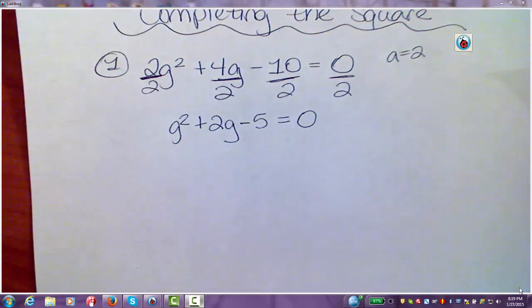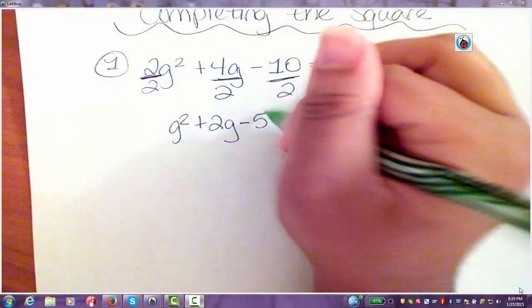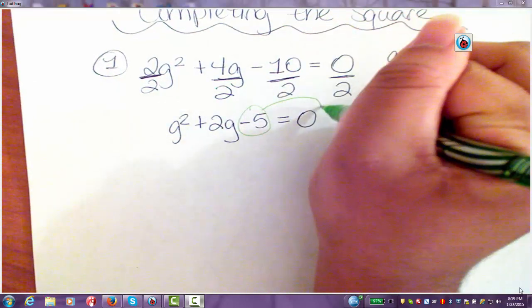So now we are good to go ahead and start using the method of completing the square. So next, you want to move your constant term to the other side.